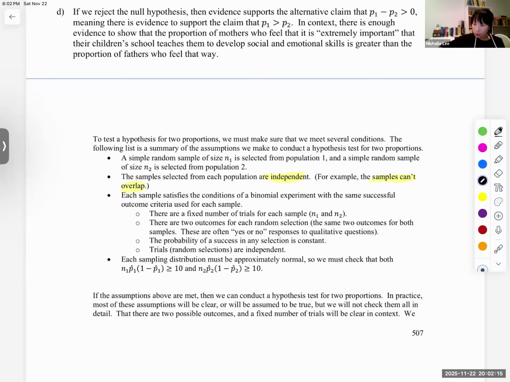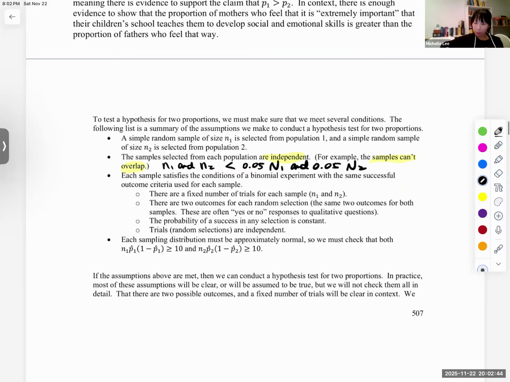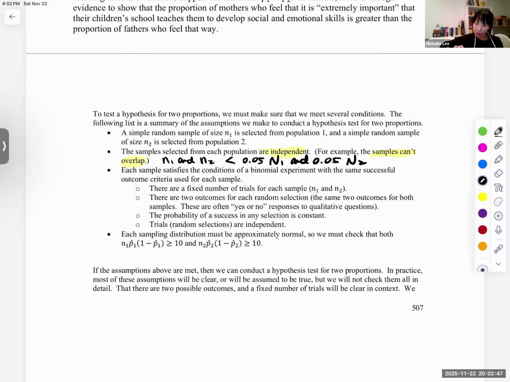The sample sizes n sub 1 and n sub 2 must be less than 0.05 of population 1's size and 0.05 of population 2's size, right? Because we have two different population groups. Some other books use 10%, but this textbook uses 5%, so we follow this textbook, right?